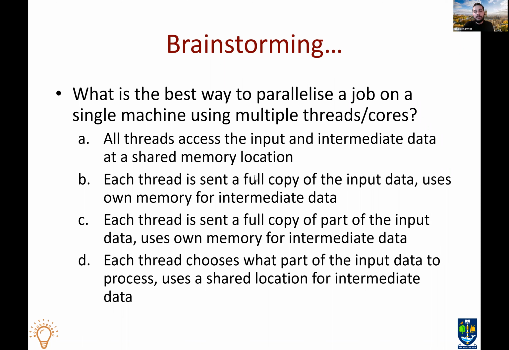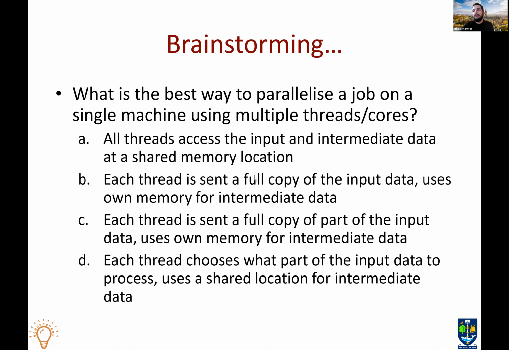But I'll also say this: in the case of MapReduce, which is what we will be discussing in a few minutes, the option that the designers went for is actually option C and D together, or actually A and C. So each thread is assigned a part of the input by the mastermind, and that part of the input is in a shared location.